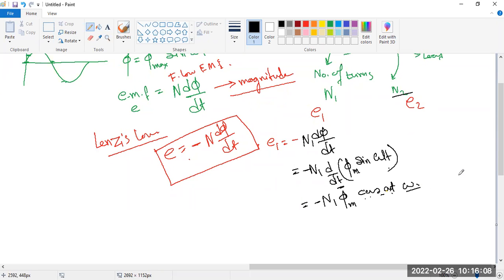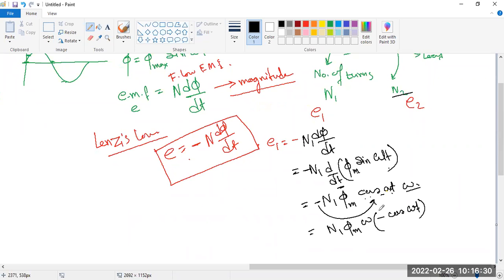Then we can write this minus here, so n1 phi max omega into minus cos omega t. Up to this I think it is clear.